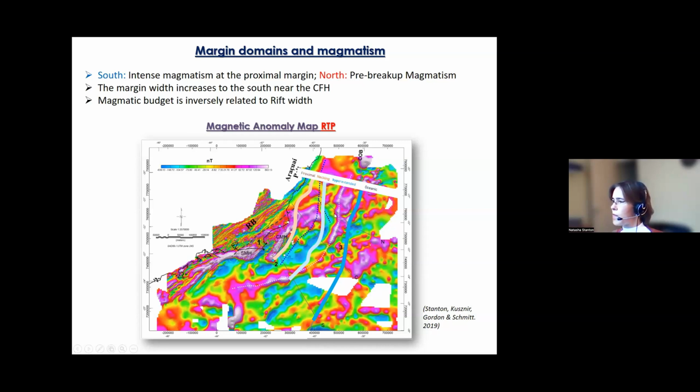So this opposite behavior is very interesting because sometimes we think that the mantle here produced these basalts in the beginning of the rift, and then maybe it could not produce in the later stage of the rift, but in the northern part, it did not produce in the beginning, and then at the later stages of the rift and the breakup, the oceanic crust is thicker than to the south, and we have this volcanic high here approaching the breakup. So I hope I answered.